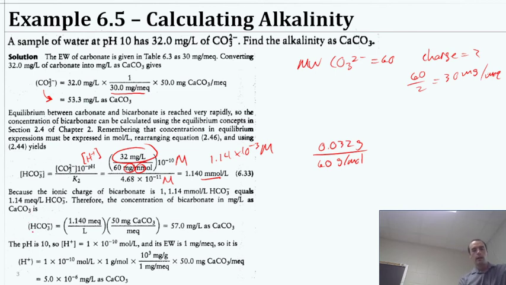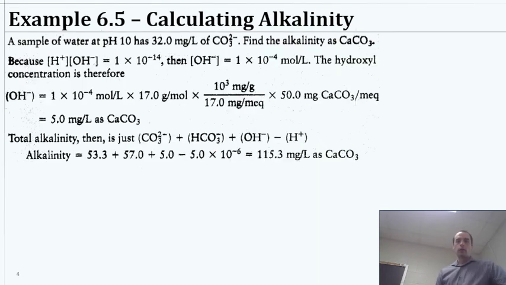Then they're doing it again for the bicarbonate, multiplying it from that milliequivalents per liter times the 50 milligrams of CaCO3 per milliequivalent. So they get that. And then they're going to add in the H plus and the OH minus. I think it continues on the next page. So it continues and says, yeah, they did the H plus, now they're doing the OH minus.